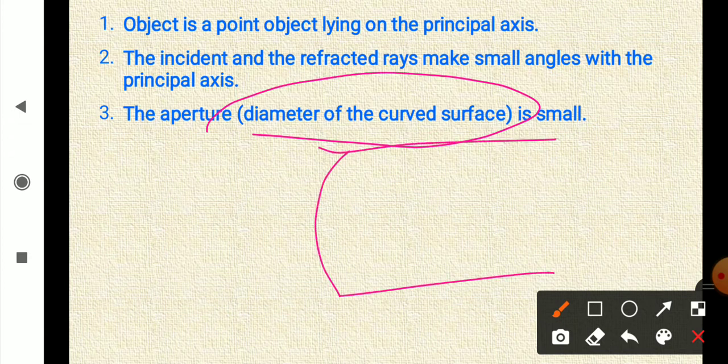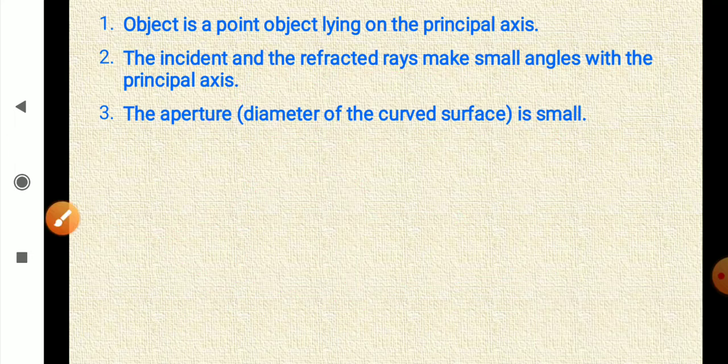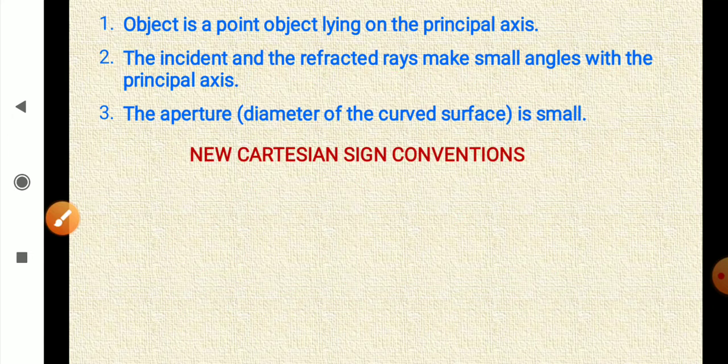See, this diameter is very small. Here the object is very small, and these angles that it makes and all the angles of incidence and refraction are very small.